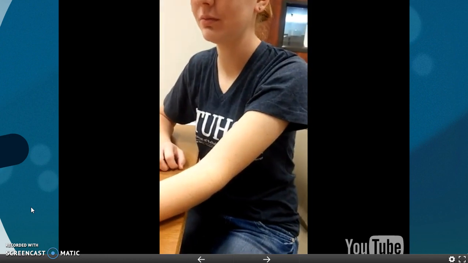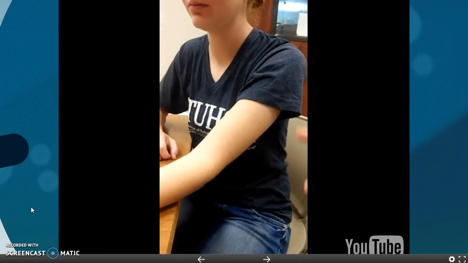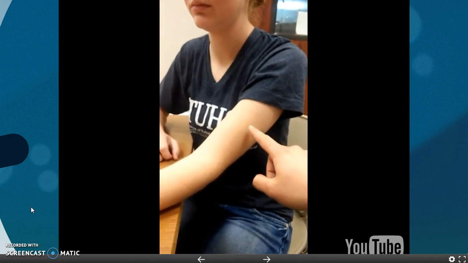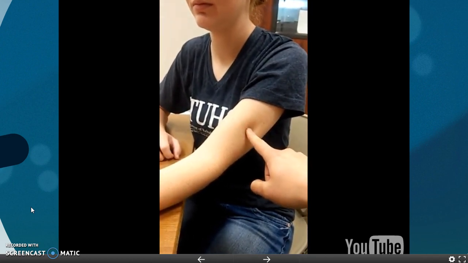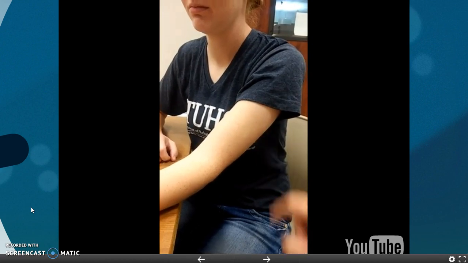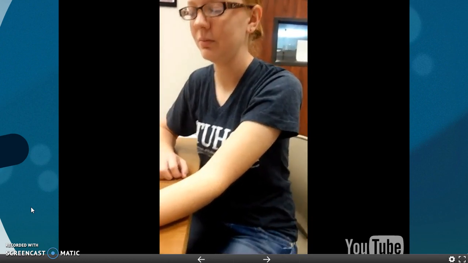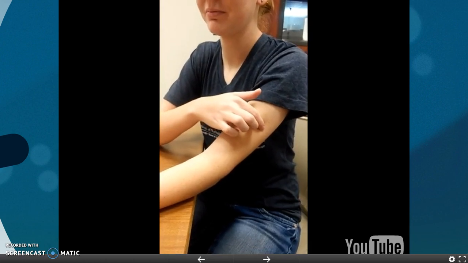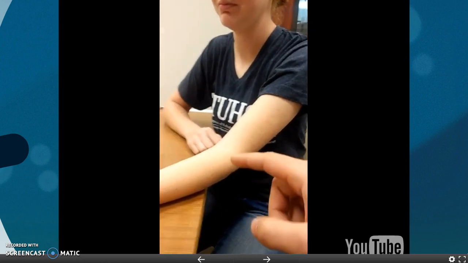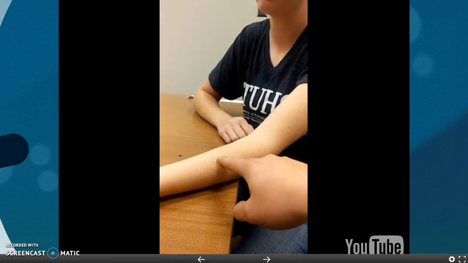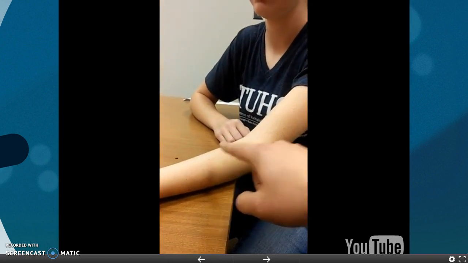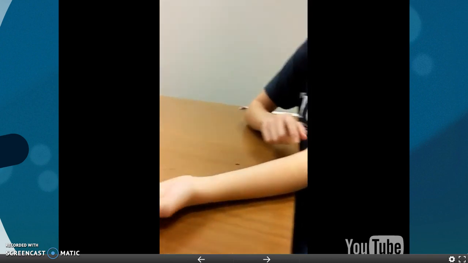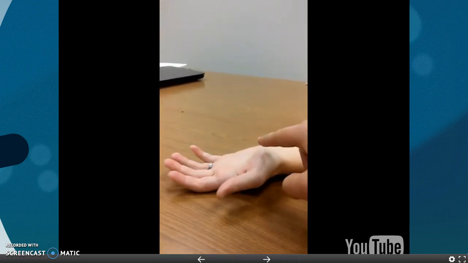And then on the uninvolved side, you're going to apply light pressure on the arm for 1 to 2 seconds. And then with their eyes closed, have the patient try and touch in that exact same spot. Okay. And then you'll go to the forearm and do the same thing. And then have the patient touch. And then on the palm.